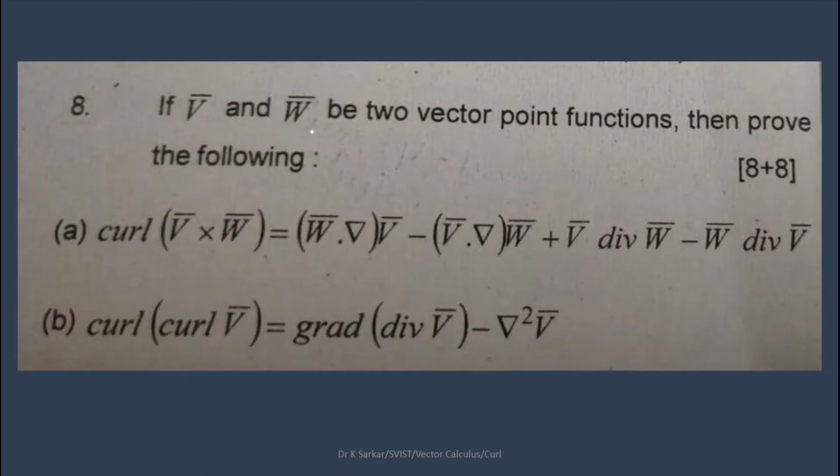Let's start. The original question is: if v and w are two vector point functions, then prove the following.